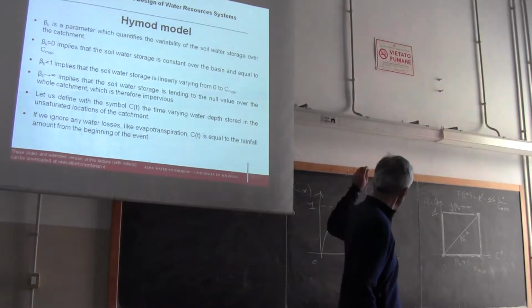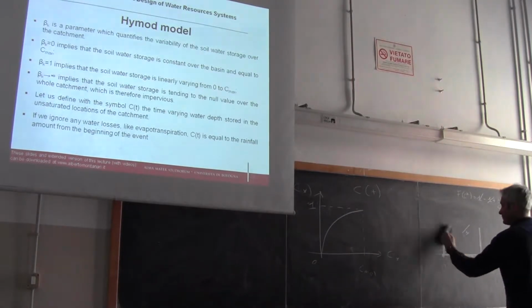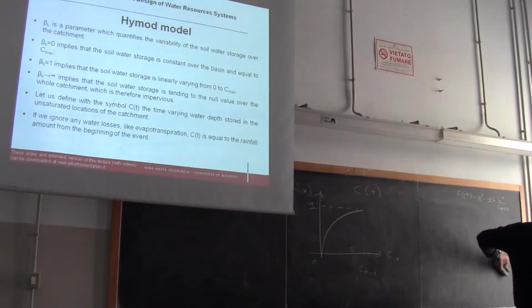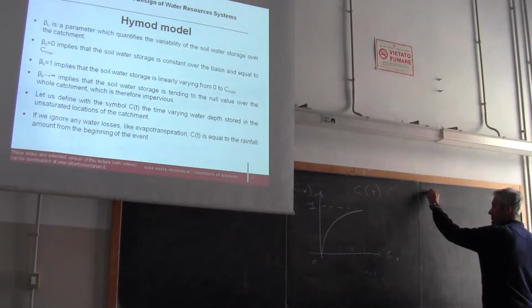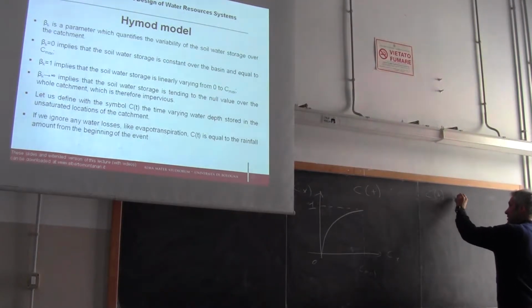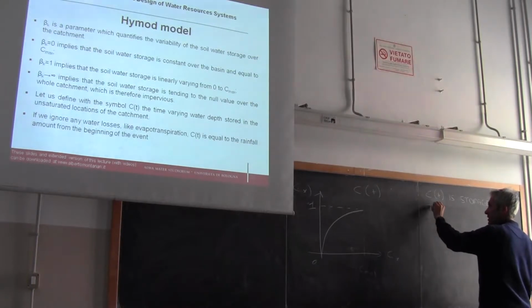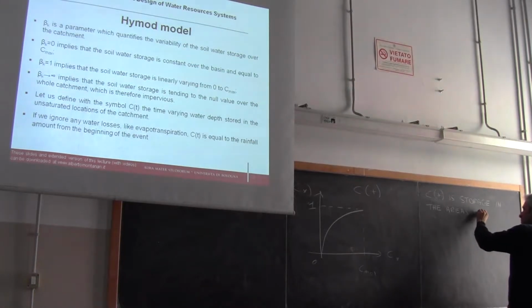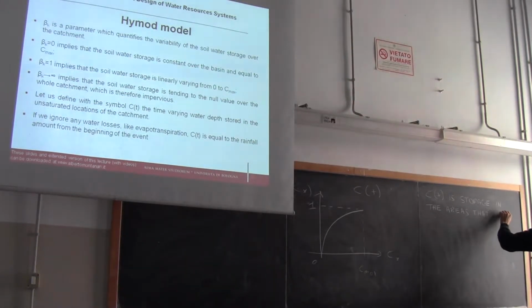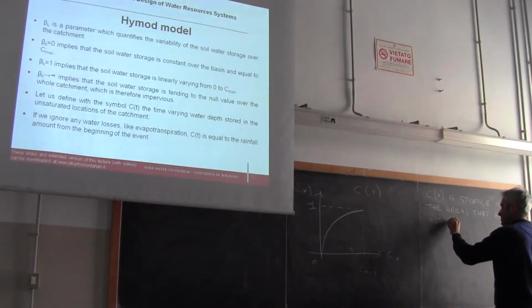Okay, how can we then define C of t? Let's define it in this way. C of t is storage in the areas that are not yet saturated.